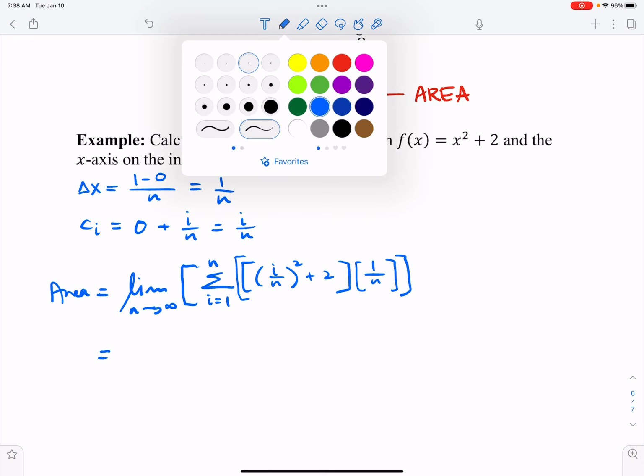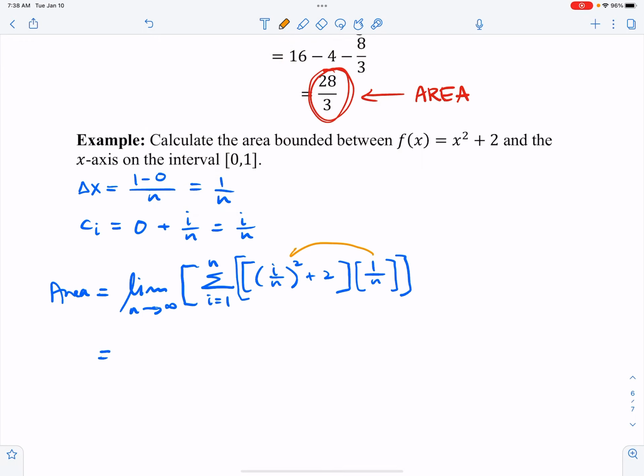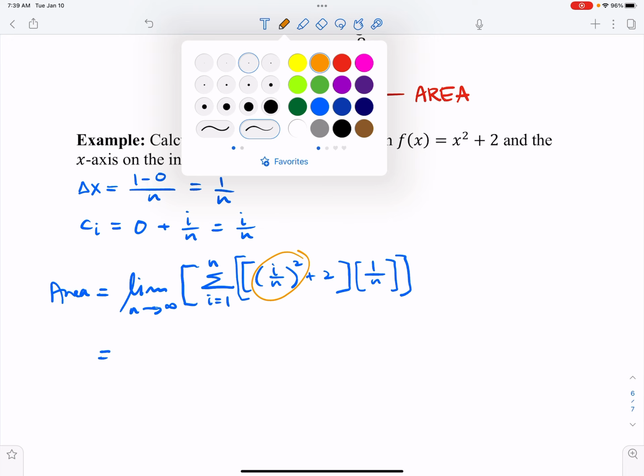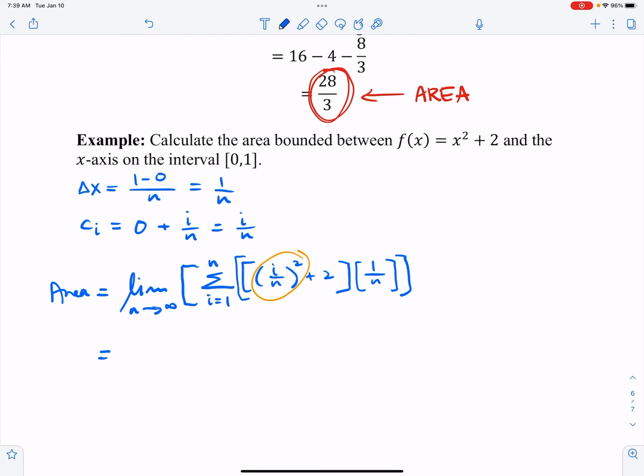And then I'm going to think about distributing. Well, actually, before I think about distributing, I'm going to multiply this and then distribute the 1 over n. So this will be equal to the limit as n approaches infinity of, so this becomes i squared over n squared plus 4, times 1 over n.